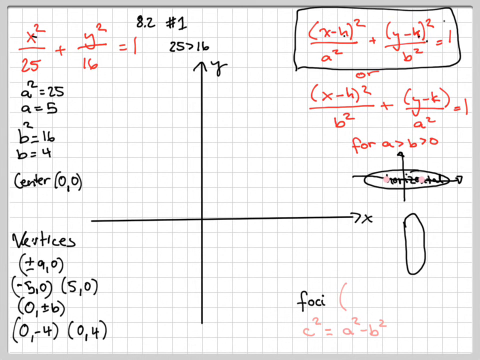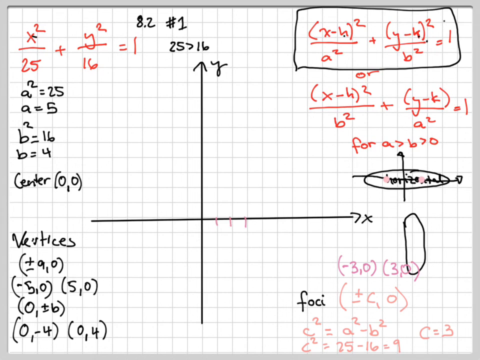The foci points are on the x-axis, so they would be plus minus c comma 0. To find c, we have a squared, which is 25, minus 16, that's equal to 9. So c in this case is equal to 3, which means your foci points on this ellipse are at negative 3 comma 0 and at positive 3 comma 0.